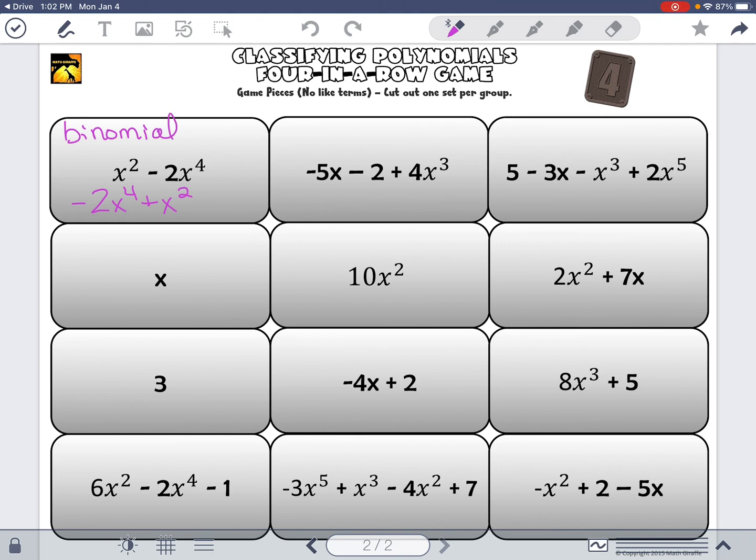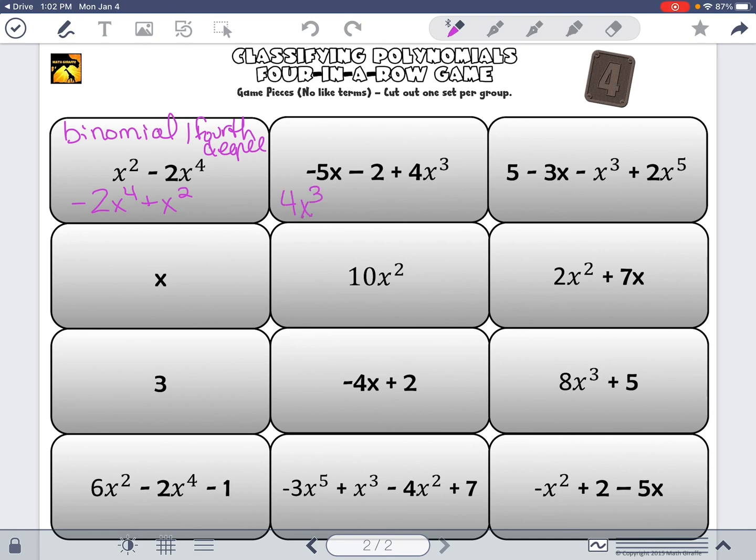And 4th degree is the highest, so you could just say 4th degree. It's called quartic, Q-U-A-R-T-I-C.